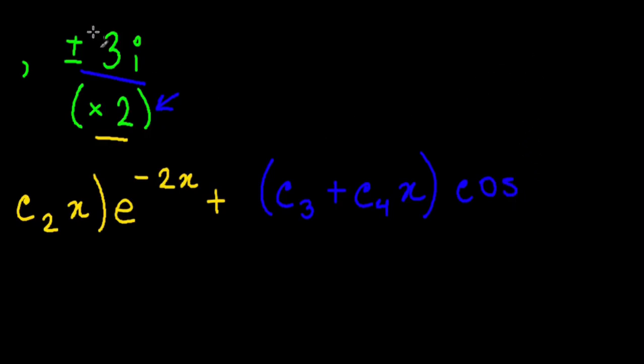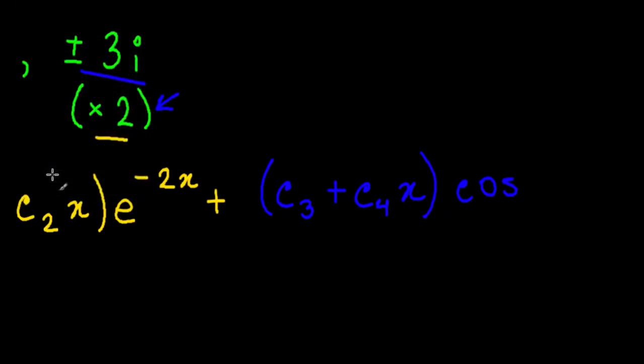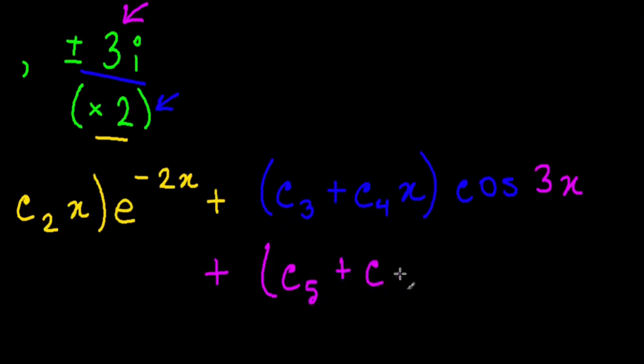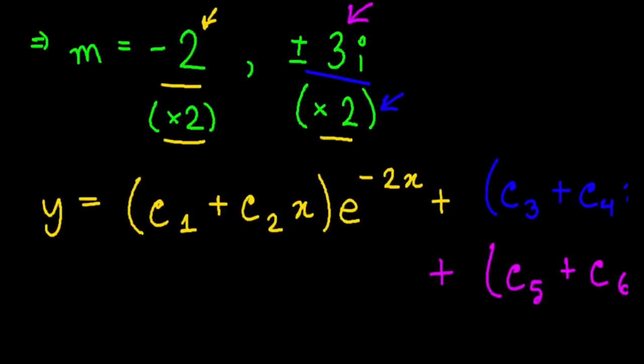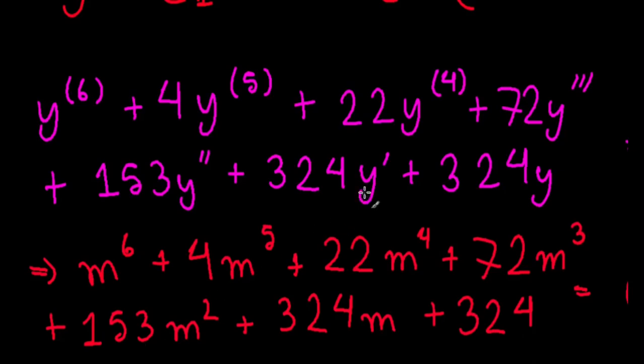Mu is our imaginary portion for this root, which is 3. So cosine of 3x, and similar for sine. We just need to be careful that the constants are not the same. So let's say c5 plus c6 multiplied by x, times sine of 3x. All right, so this is my general solution to that 6th order linear homogeneous differential equation.